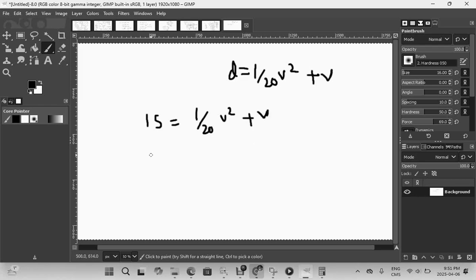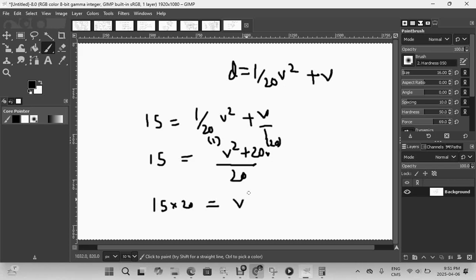So we know that 15 times 20 equals v squared plus 20v.